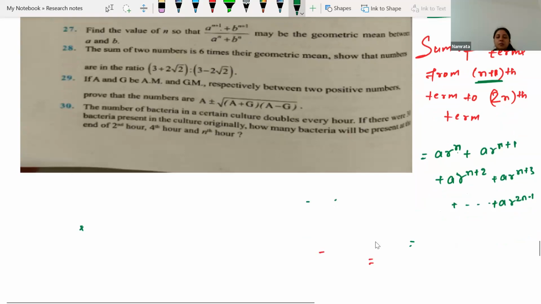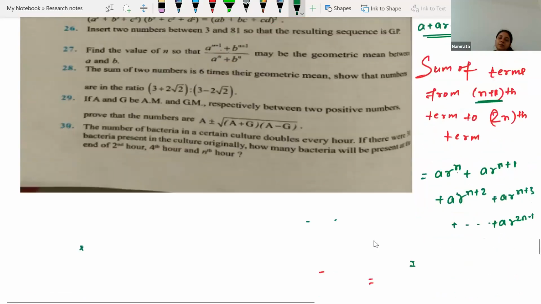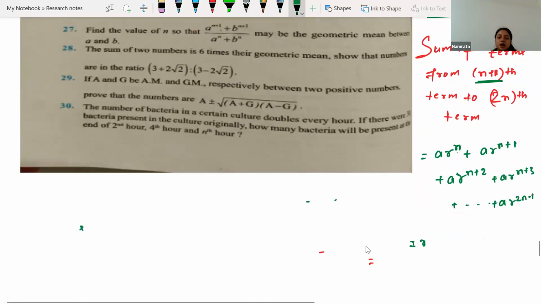Now the ratio between these two. If we take r common over here, can we write it as a plus ar plus ar square plus ar to the power 3 plus dot dot dot?